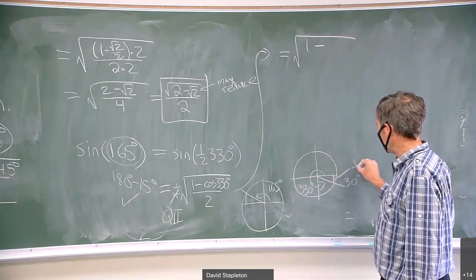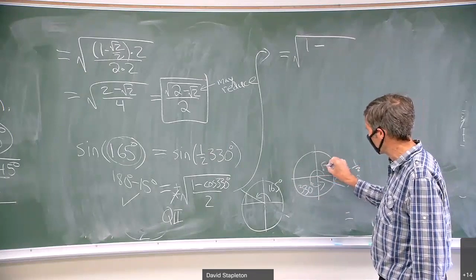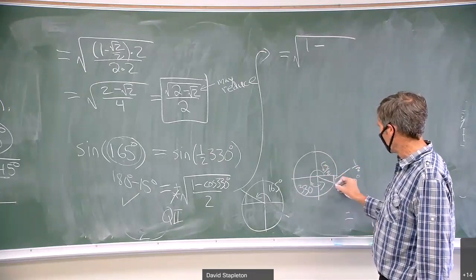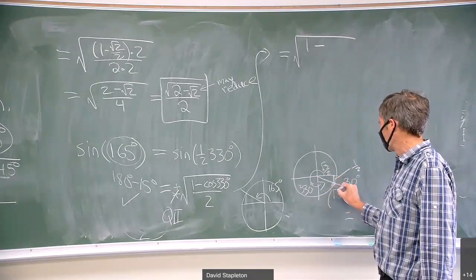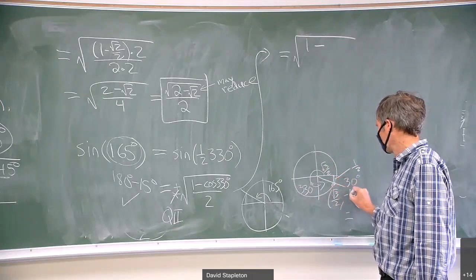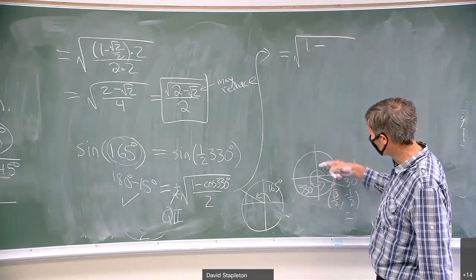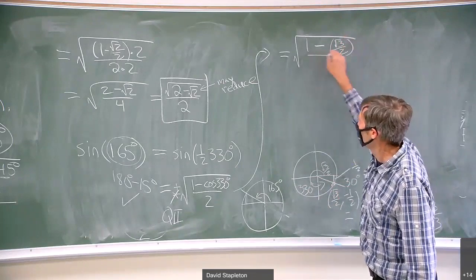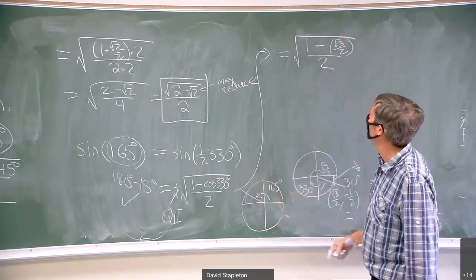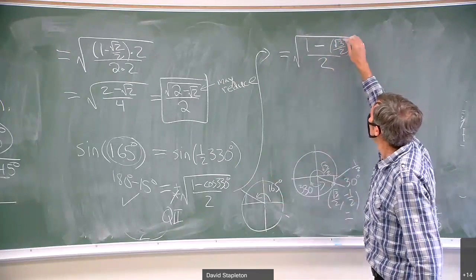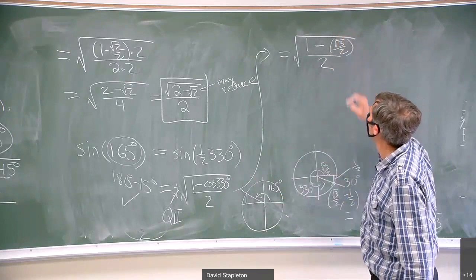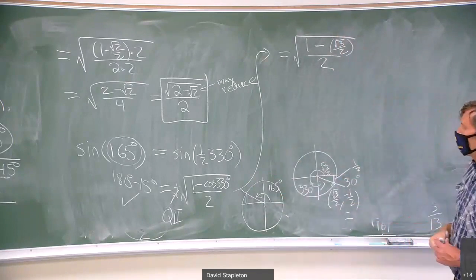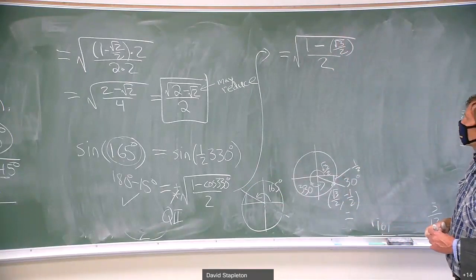And this side is 1/2, and this side is square root 3 over 2. And so the cosine is the x coordinate, square root 3 over 2. So this is the square root of 1 minus square root 3 over 2, all over 2. There's the exact value of sine of 165 degrees.